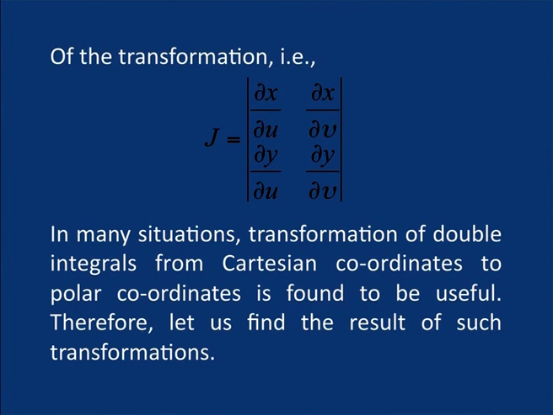So the transformation J is equal to the determinant of del x over del u, del x over del v, del y over del u and del y over del v.